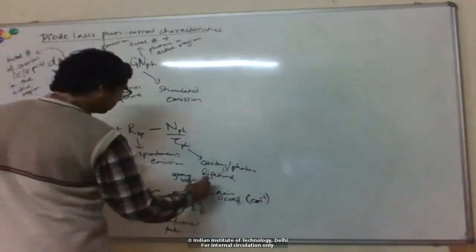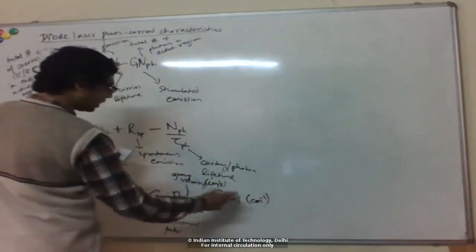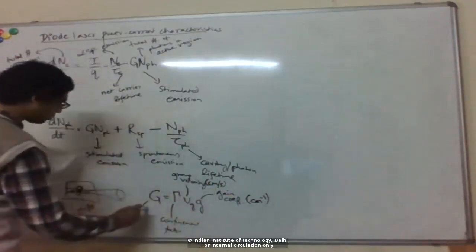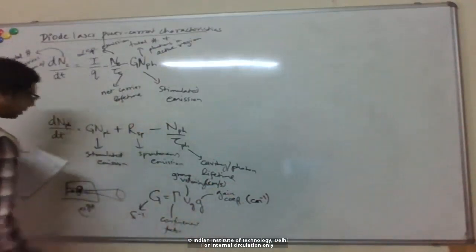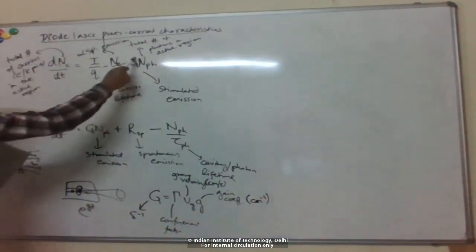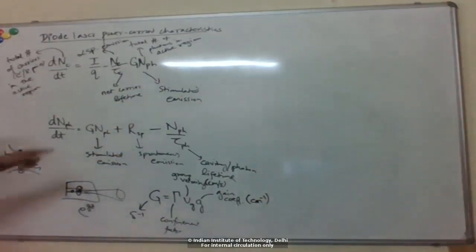Group velocity is meter per second, so you can see that the units of G are per second, which makes sense because here I have dn by dt equal to g times n. Similarly here, the units of G are per second.